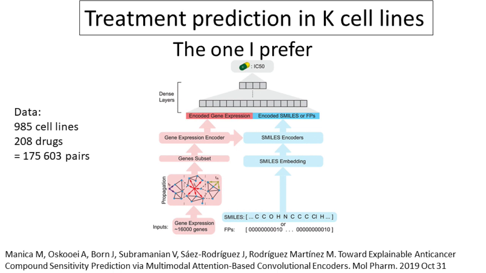So the authors used the data of almost 1,000 cell lines and 200 drugs, and it leads to more than 100,000 pairs of cell lines and drugs. So it's a big database that you can train models on.